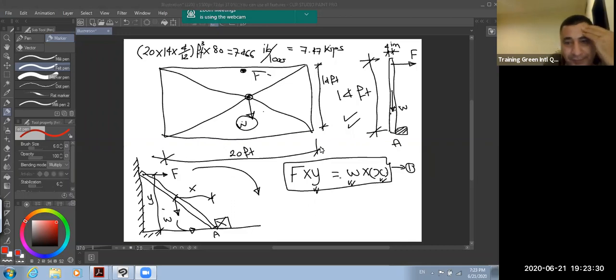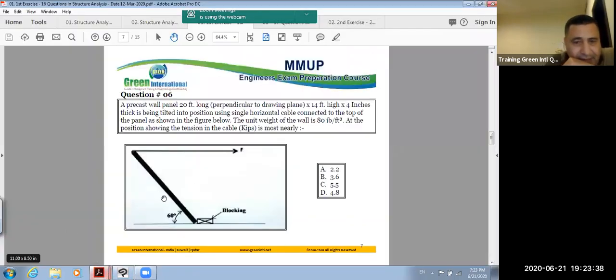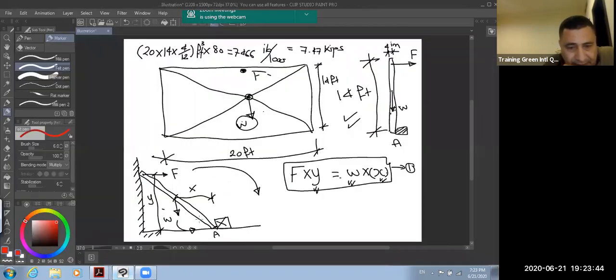Now Y. How are you going to calculate Y? Let us see the angle here. The angle is given, this angle is 60. This inclined line, the height of the wall, is equal to 14 feet, from this point to this point.